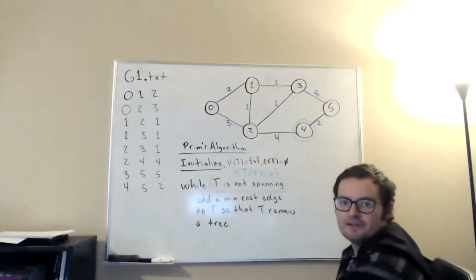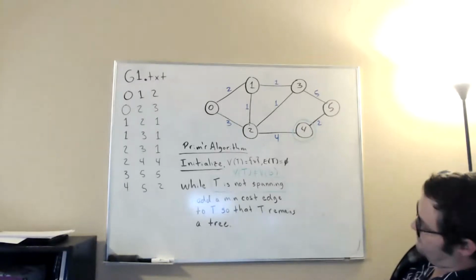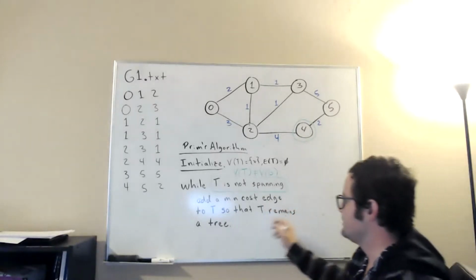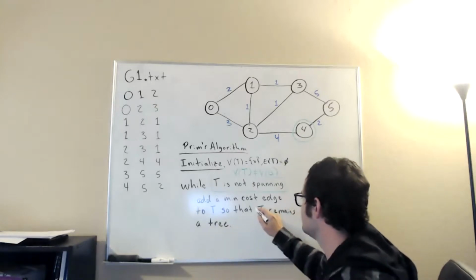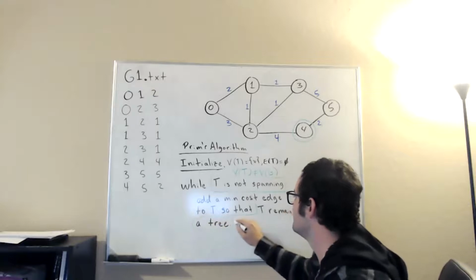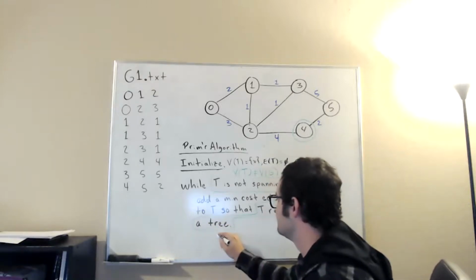Okay. So we need to now understand the steps inside this while loop. So we want to add a min cost edge so that T remains a tree. Now this is the important part. T must remain a tree. So what is a tree?